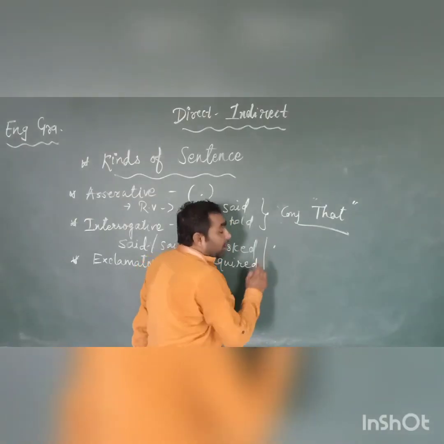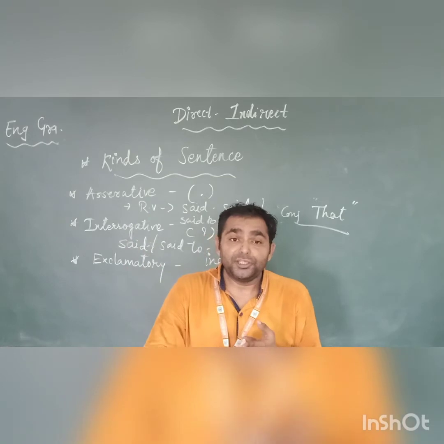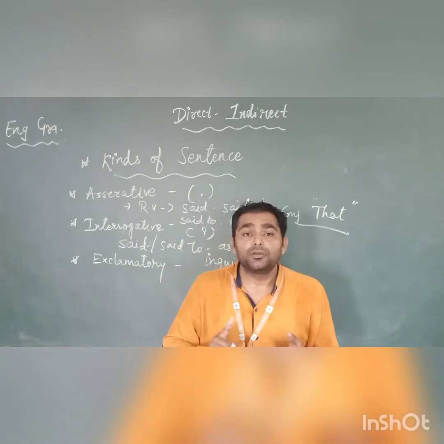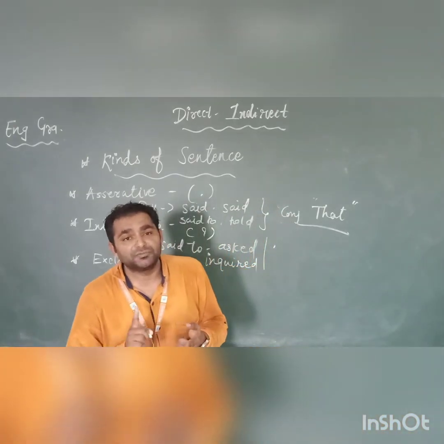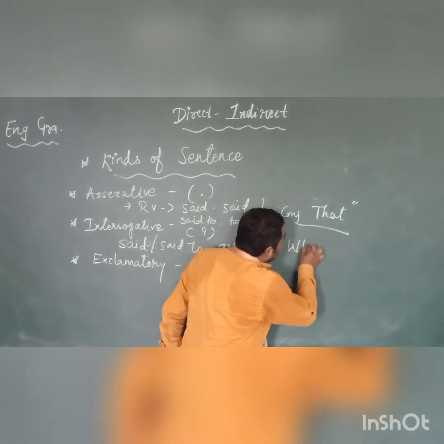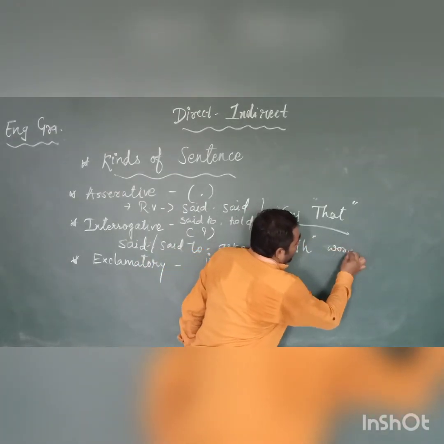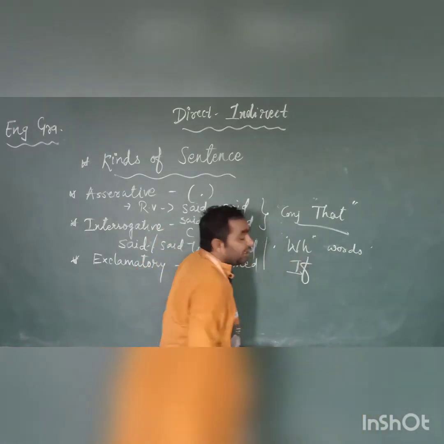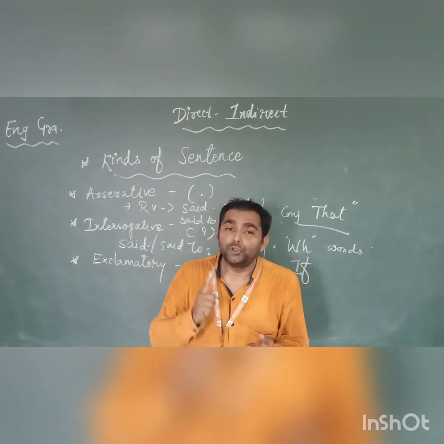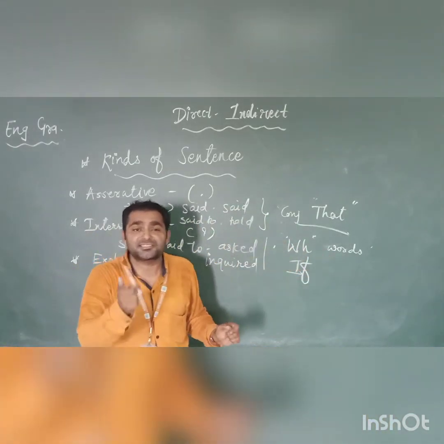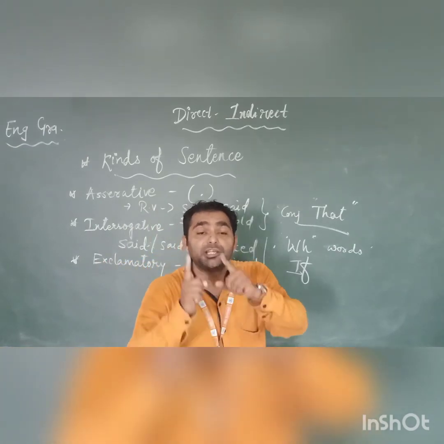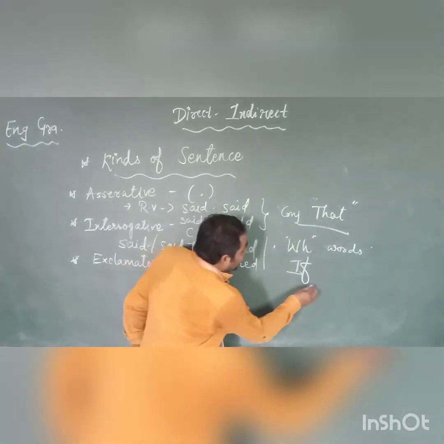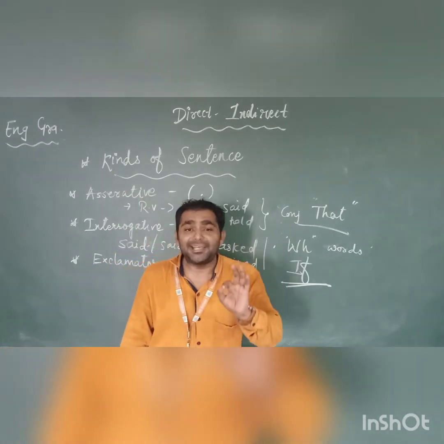And as a conjunction, now the rule is that if in your sentence any kind of WH word is there, like what, how, when, where, why, at that moment use the same WH word as a conjunction. And if there is no WH word, at that moment we are using if as the conjunction. Again I am repeating, while using the conjunction in an interrogative sentence, first check whether we are having any WH word or not. If a WH word is there, use the same WH word. If there is no WH word, at that moment use if as the conjunction.